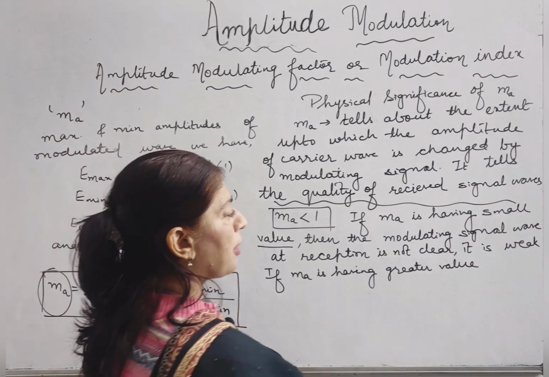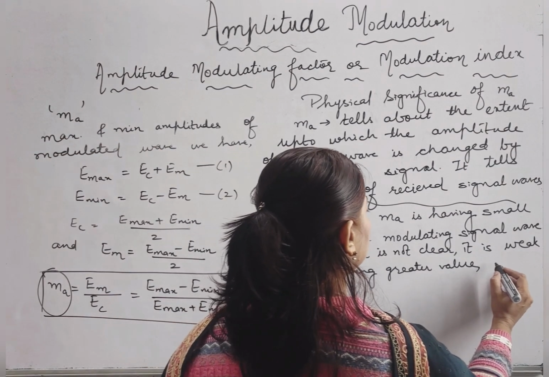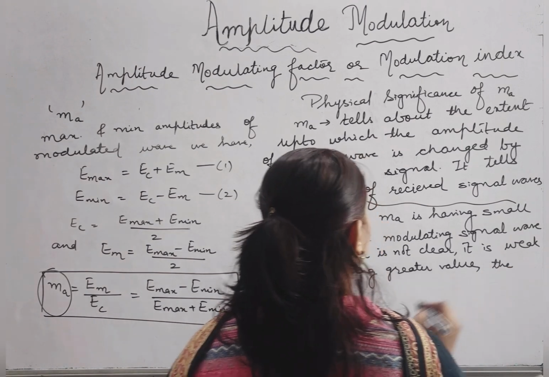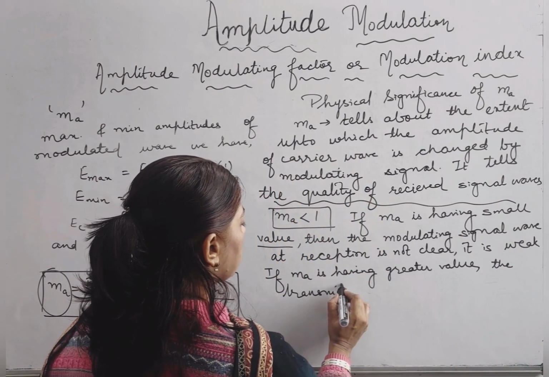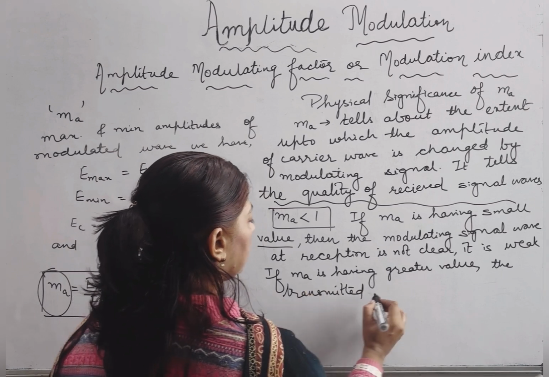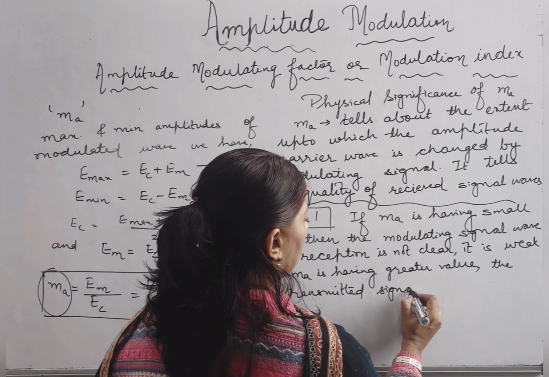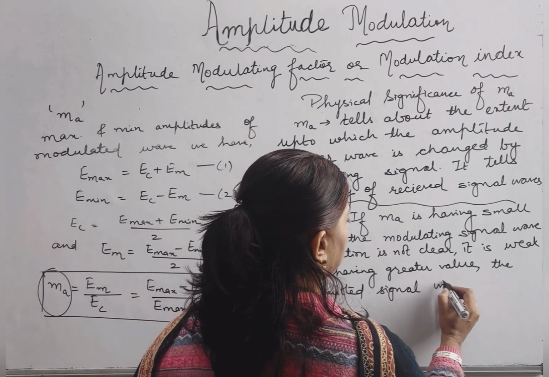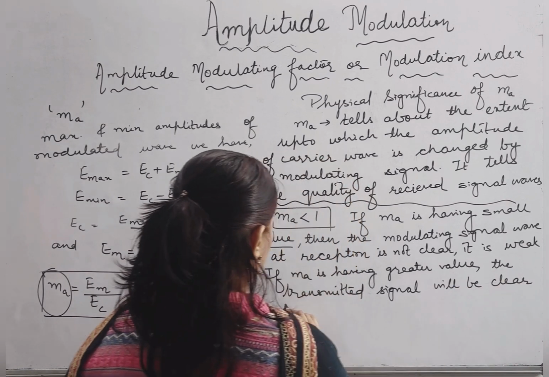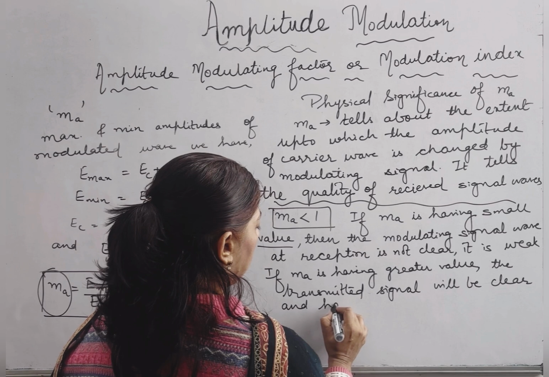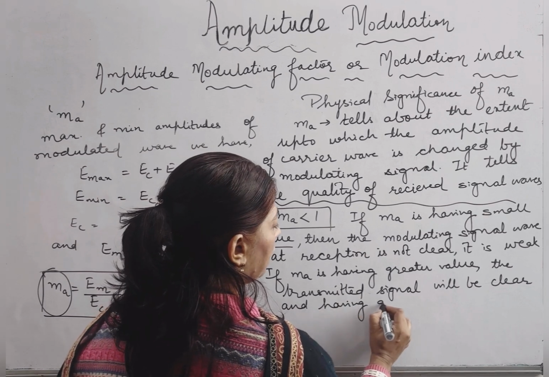So if MA has a greater value, the transmitted signal will be clear and have good strength.